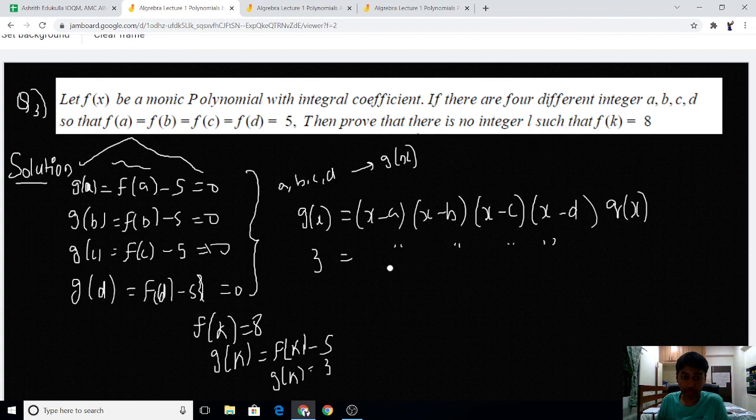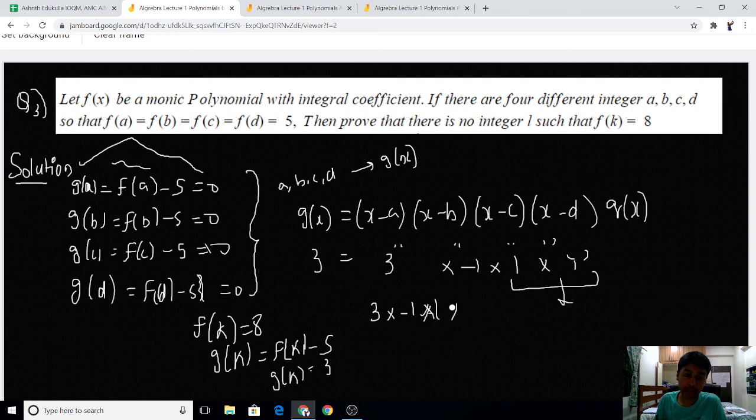So 3 can be written at most as 3 into minus 1 into 1, and if I want to get 3 again, I need to multiply by 1 or minus 1. So at least 2 have to be the same, because 3 can be written in at most 3 unique ways: 3 into minus 1 into 1 into 1.